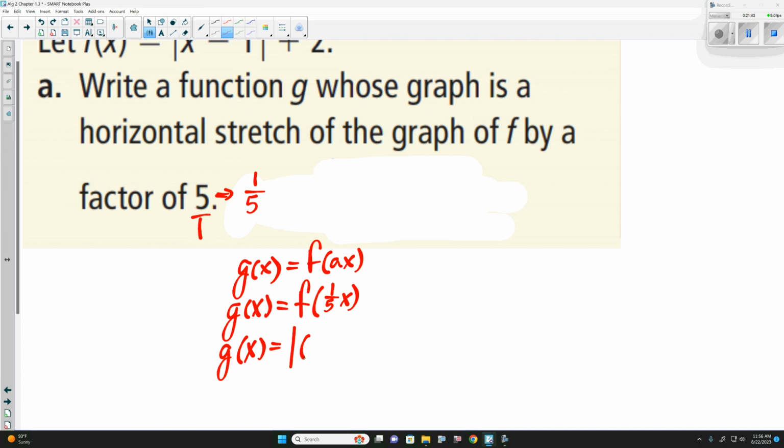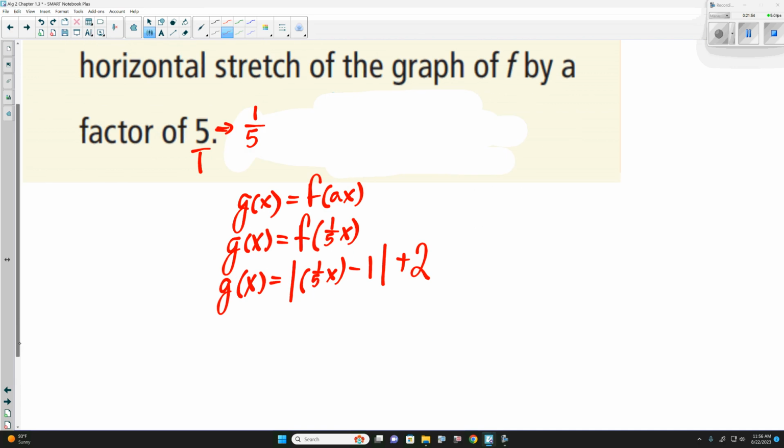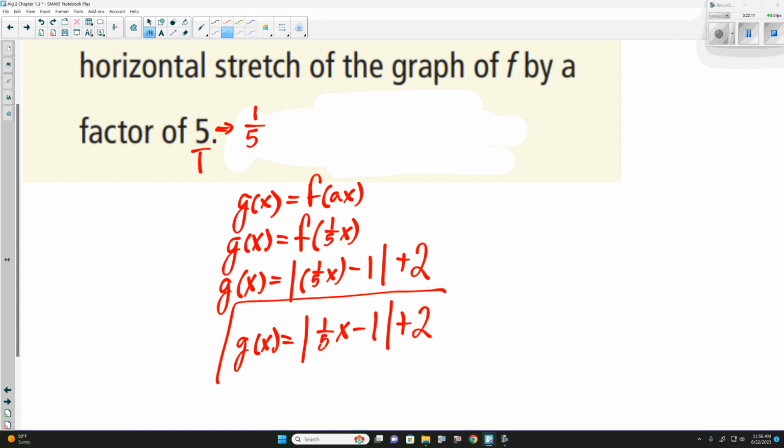We'd have absolute value of 1/5 x minus 1 plus 2. So we replace the x in f of x with 1/5 x. And at this point, we can drop the parentheses and just say g of x is equal to the absolute value of 1/5 times x minus 1 plus 2.